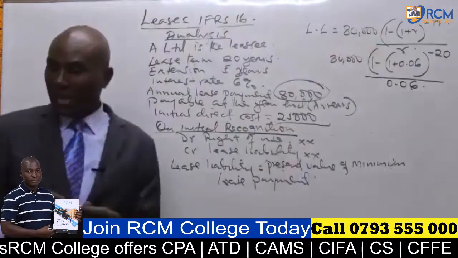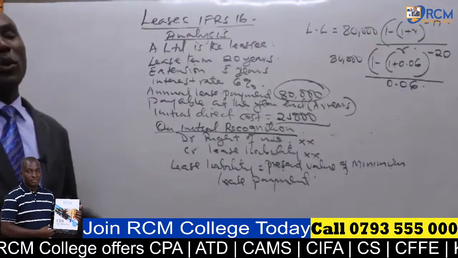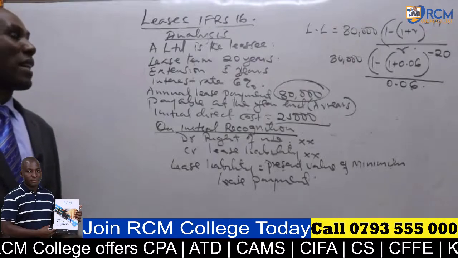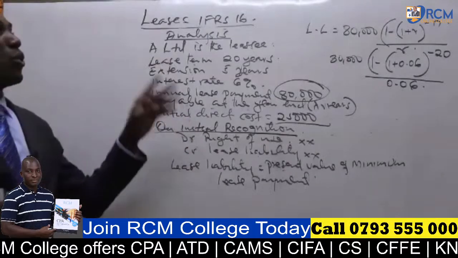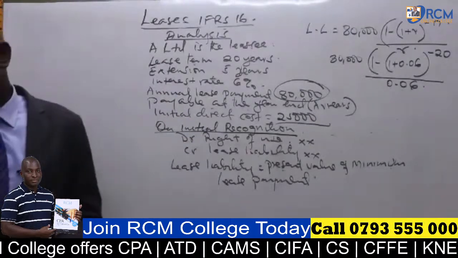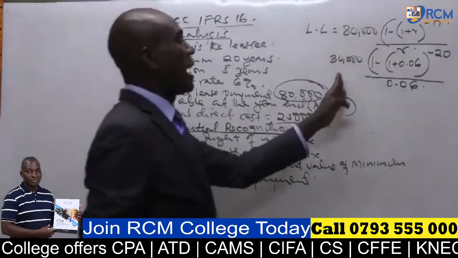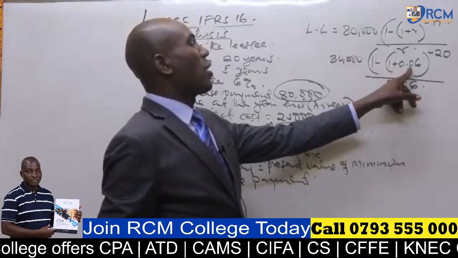That is how we get the present value of an annuity: 1 minus (1 plus R) raised to negative N, divided by R.